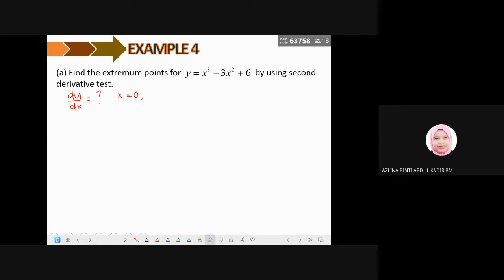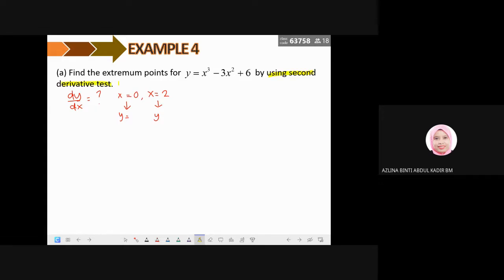Tak semestinya 2 lah, ada juga dapat satu nilai. Then to find a stationary point, you must find the value of y. So dapatlah stationary points. Then to identify extremum point, kita guna second derivative test.